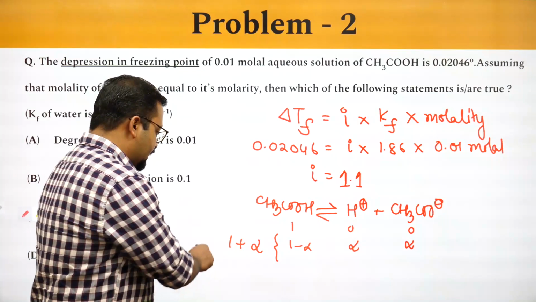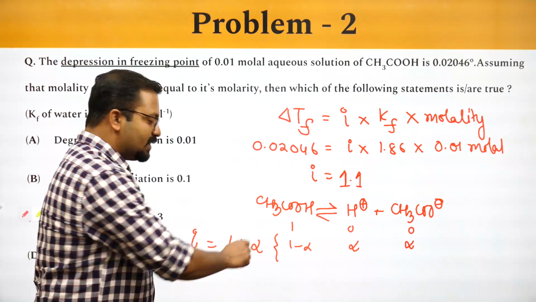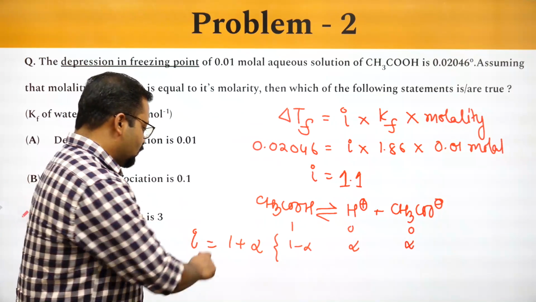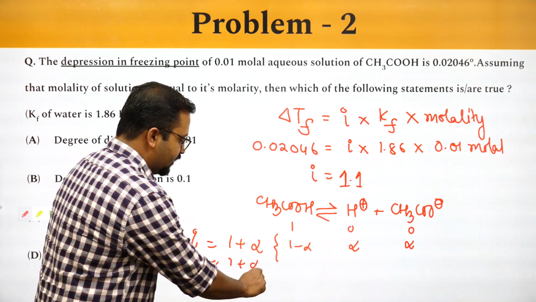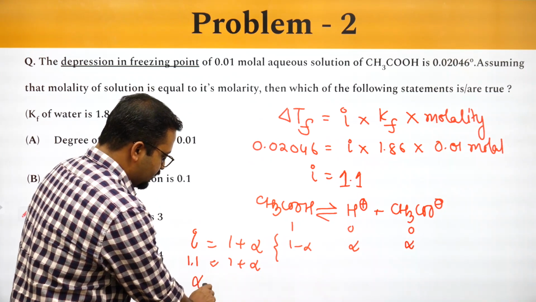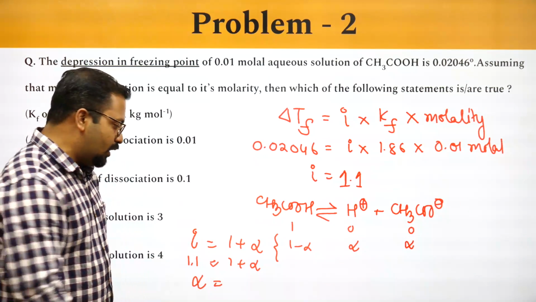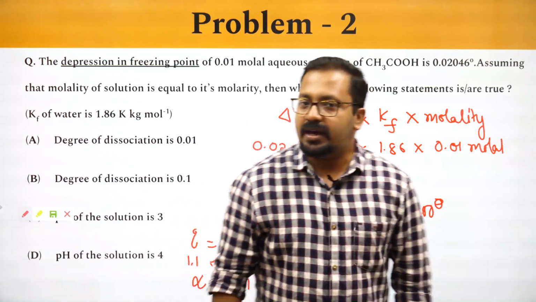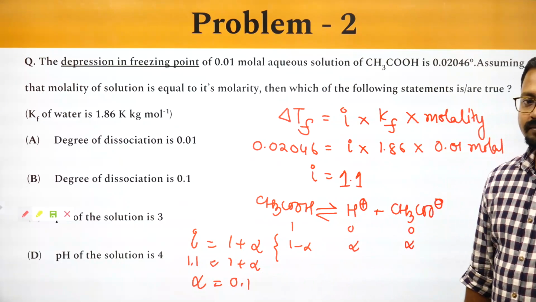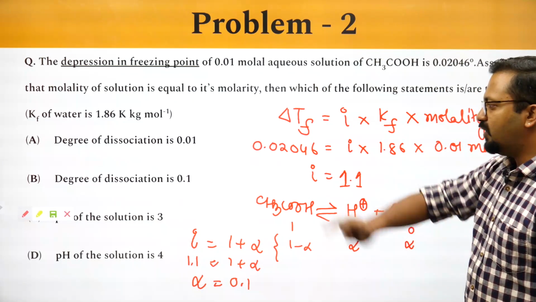So Van't-Hoff factor i will be equal to 1 plus alpha. i का value 1.1 था. So alpha की value क्या हो जा रही है? Alpha turns out to be equal to 0.1. Very simple.